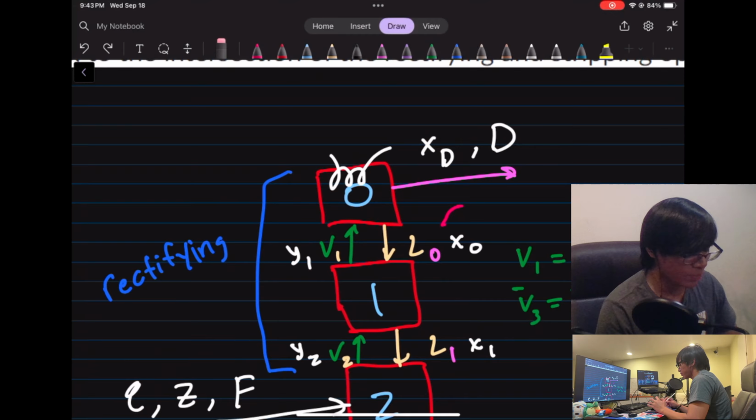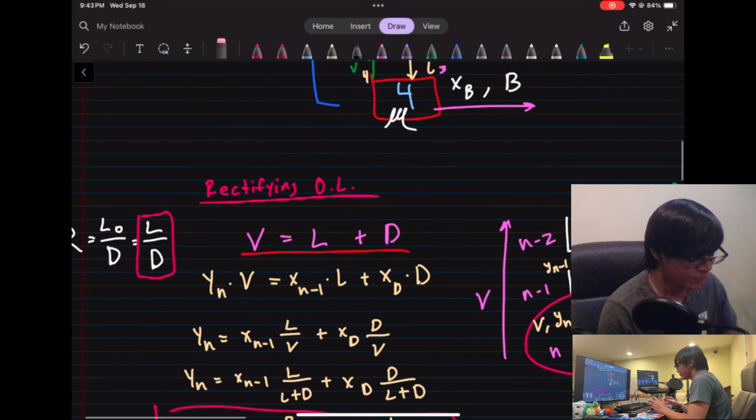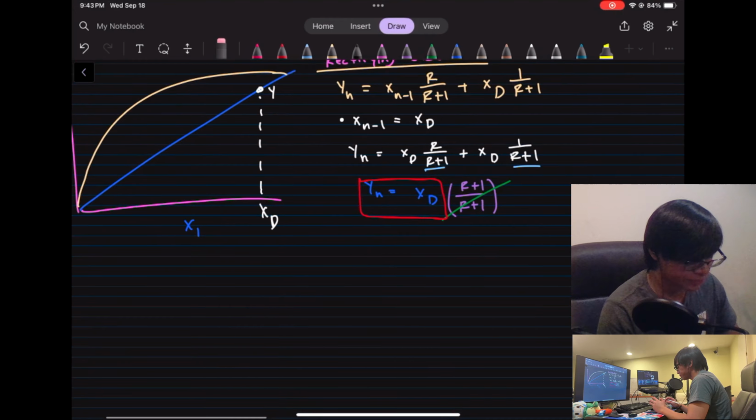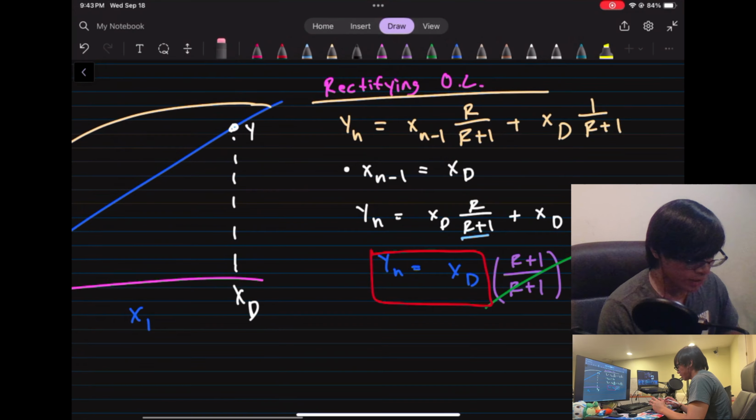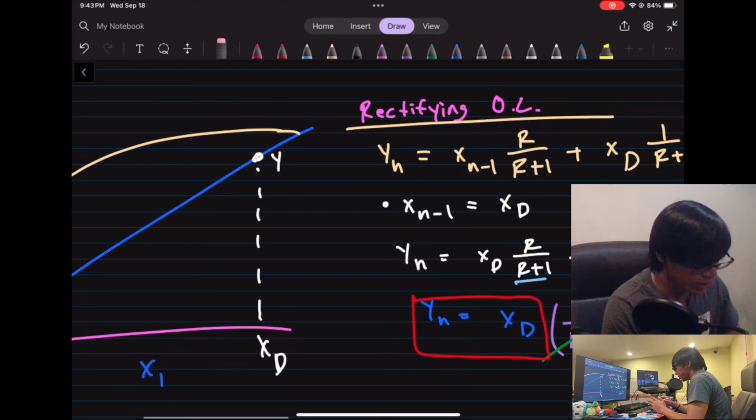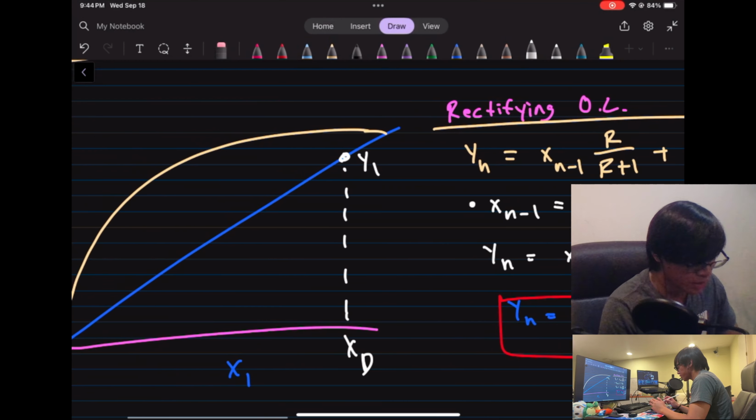That's just given from the mass balance relating all our expressions together. So I'm going to go ahead and just call that y1, since that's what we wrote on our distillation column.